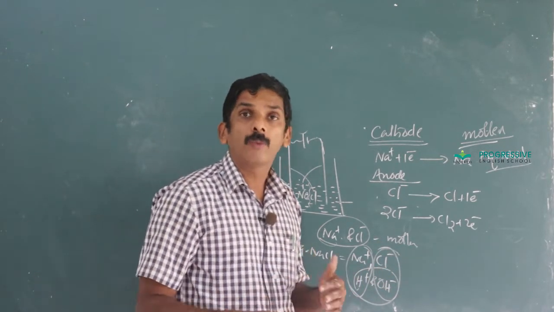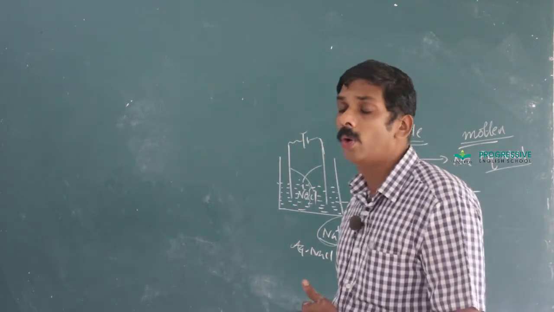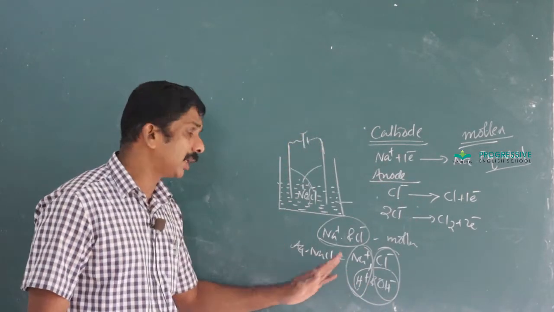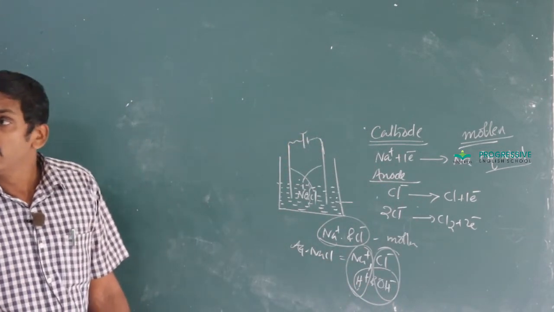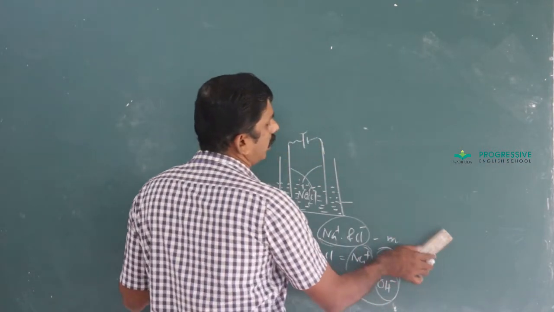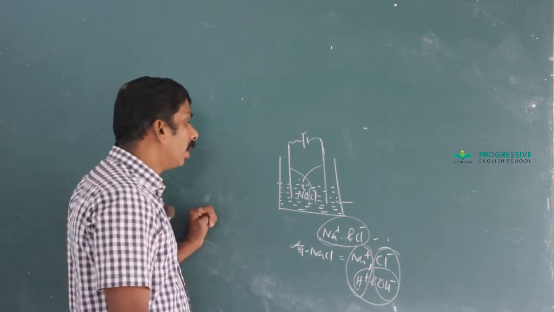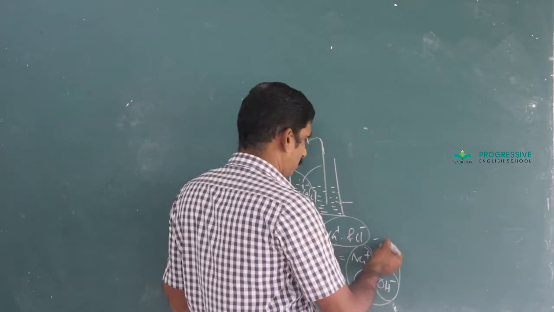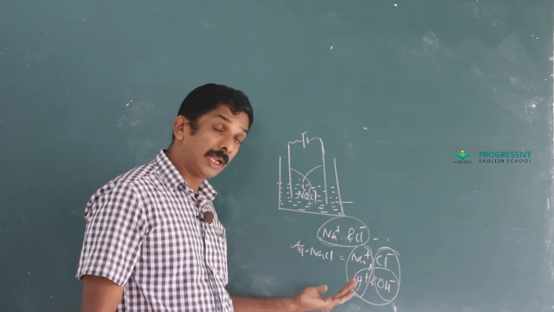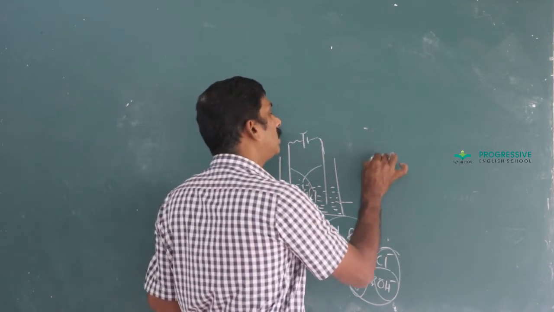Then normally a competition arises between the two ions of the same category. Which ions will be liberated at the cathode, and which at the anode? The discharge of the respective elements at the electrodes depends upon the discharge potential.